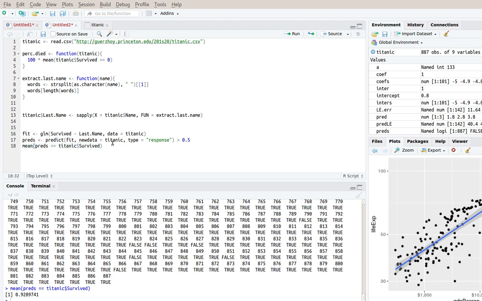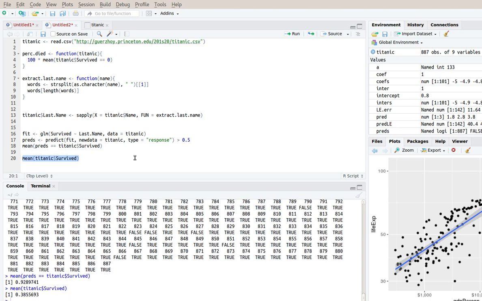We also want to compare it to the baseline classifier. The baseline classifier just either always says survived or always says died, whichever makes more sense. We know that more people died on the Titanic than survived. If we don't, we could check: if we do mean of Titanic$survived, we'll see that it's less than 50%, so it makes more sense to predict died.